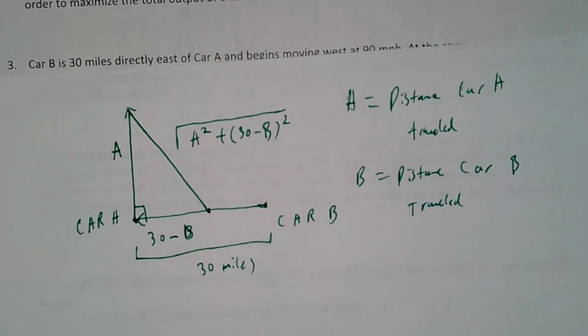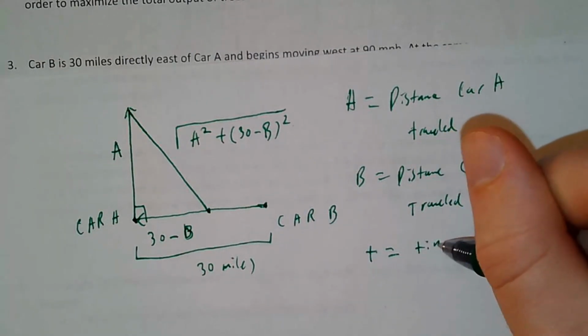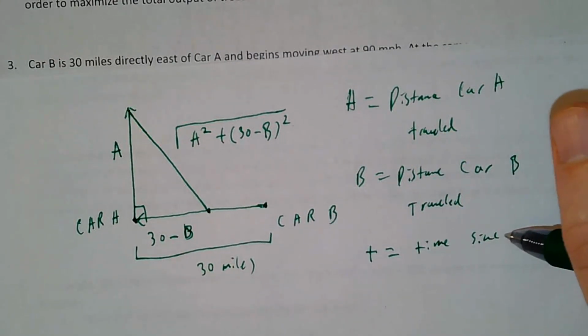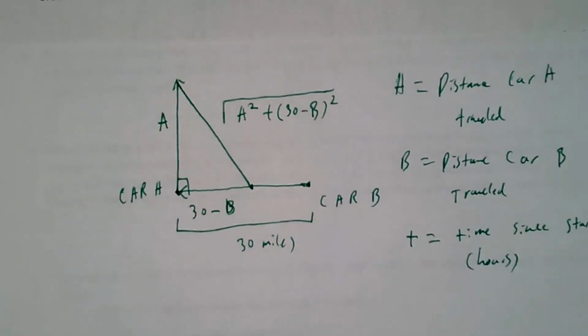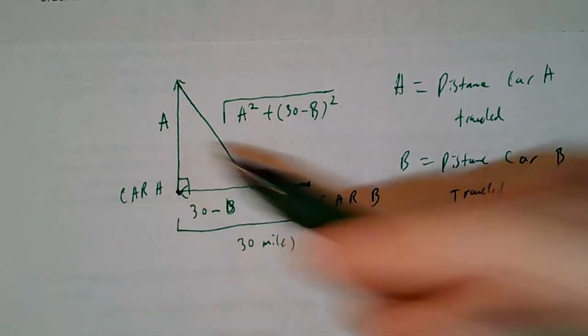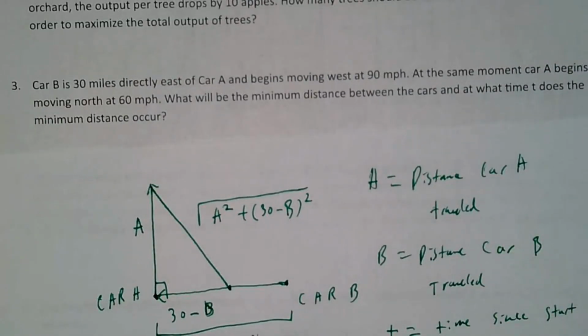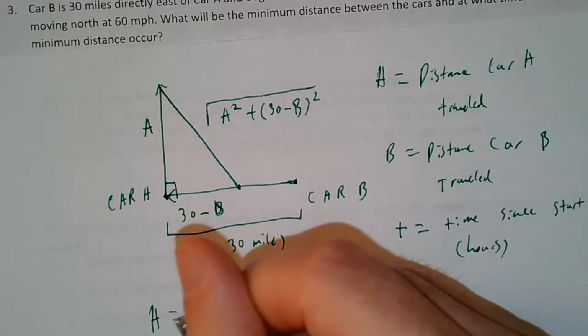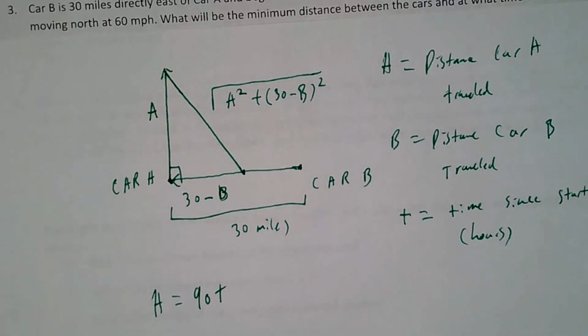And then we're going to have a new variable here, which is t, which is time since start in hours. Okay, so let's start with A because A is kind of easier. Well, we know that the car is traveling at 90 miles per hour. So the distance it's going to be traveling is A is 90 times t, times how many hours we've gone.